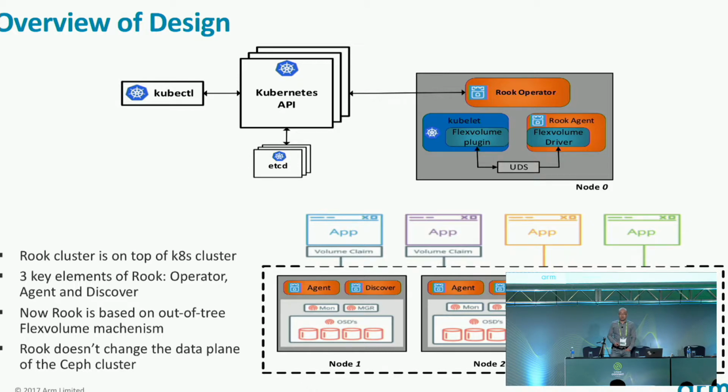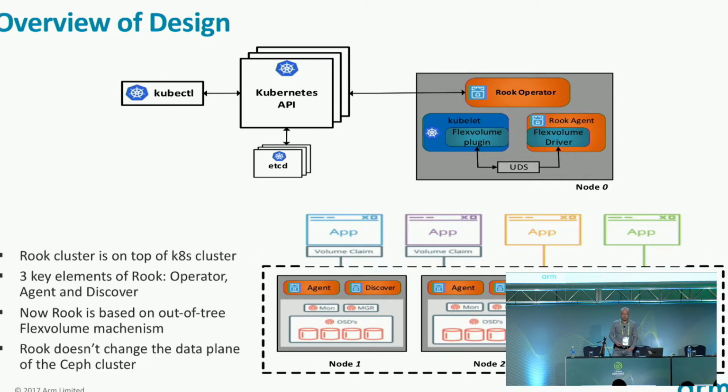Inside node 0, we can see that there are the Rook operator and Rook agent pods. Actually, there is a Rook discover pod, but we don't show it in this node. But you can see the discover pods in other nodes, for example node 1, node 2, or other nodes.